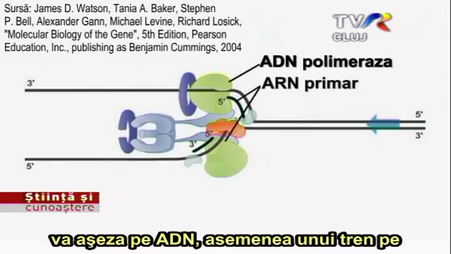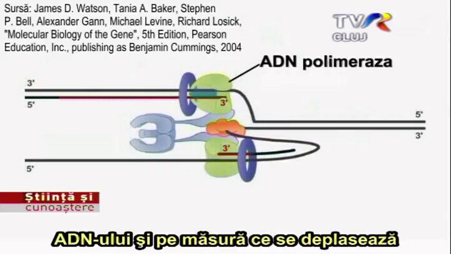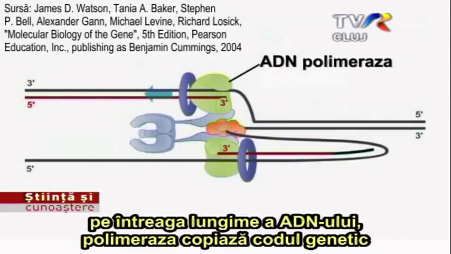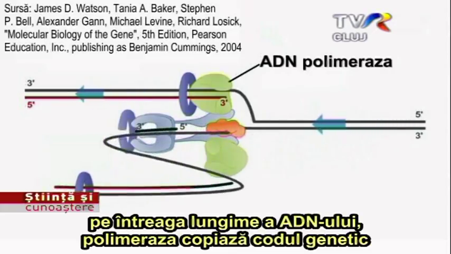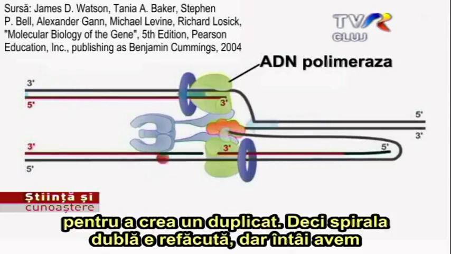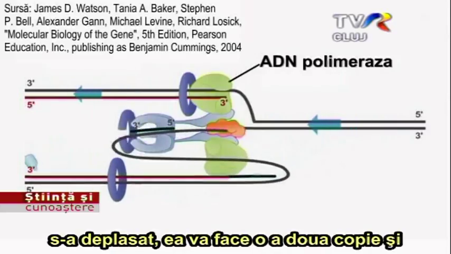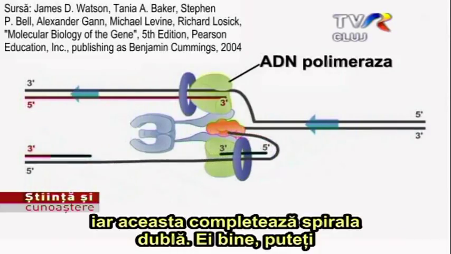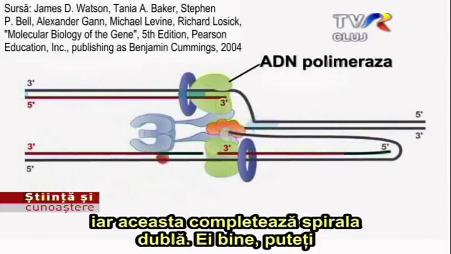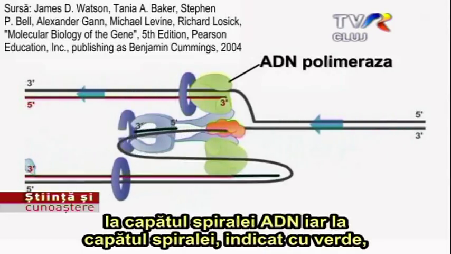Like a train going down the track, the polymerase moves down the length of the DNA, copying the genetic code to make a duplicate copy so that the double helix is returned. First we have a single helix, but after the polymerase moves down, it makes a second copy, and that completes the double helix. As you can see, the enzyme moves down to the end of the DNA strand.